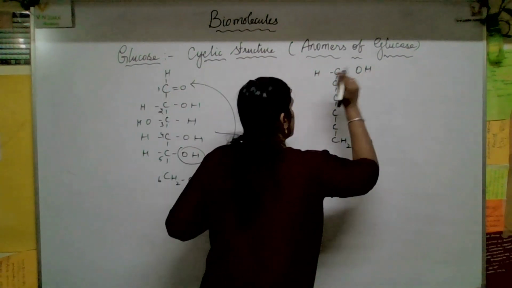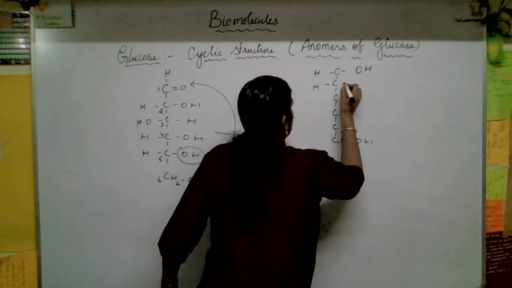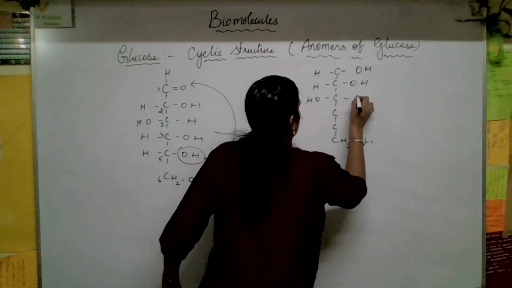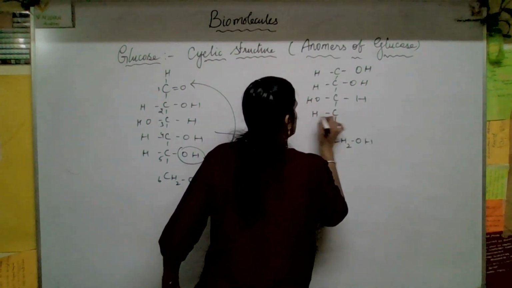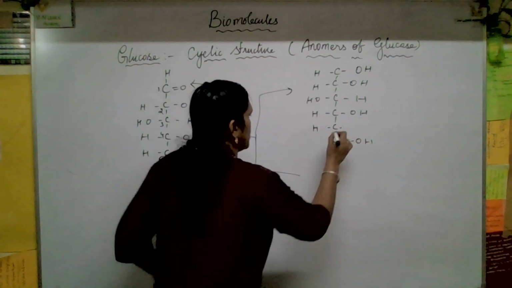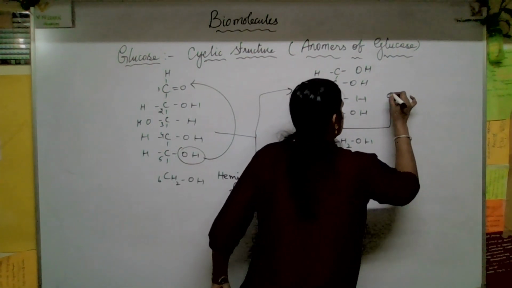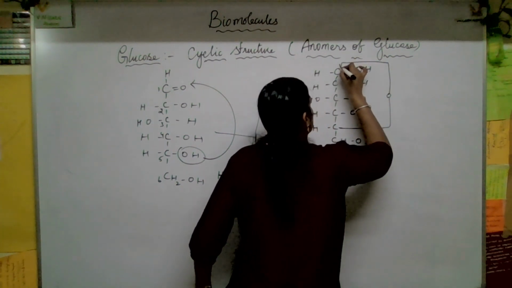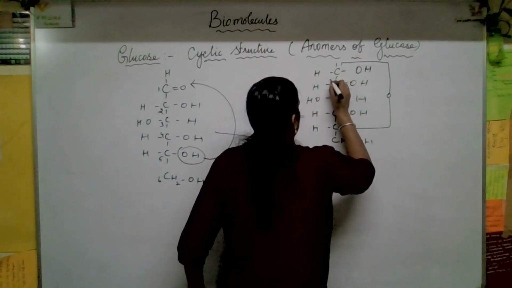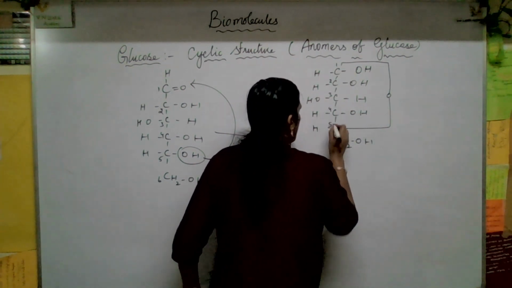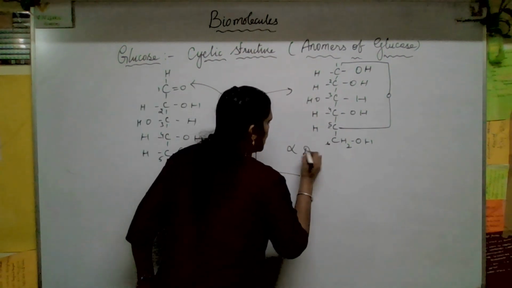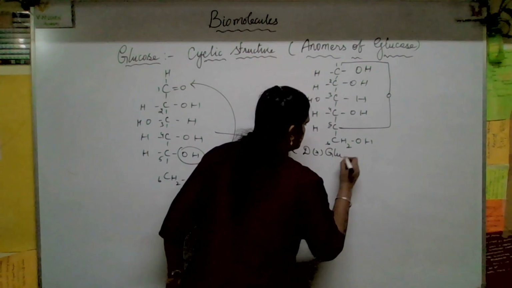CHO is converted into CHOH, and the others are all as they are: CHOH, and here OH, H, and here H, here OH, and the fifth carbon H. This O is going to join as a ring structure over here to the first carbon. This is the first carbon, 1, 2, 3, 4, 5, and 6. Okay, so this is alpha D plus glucose.